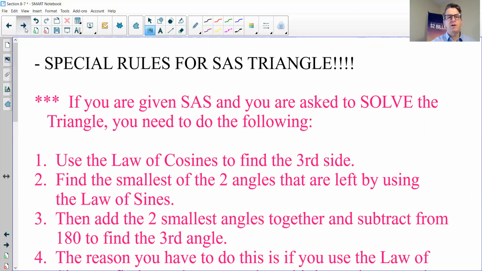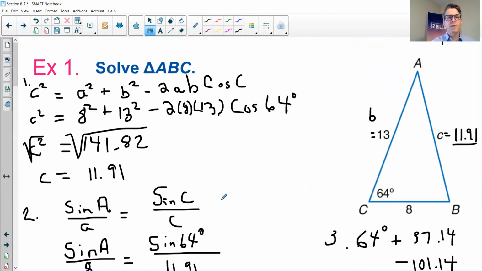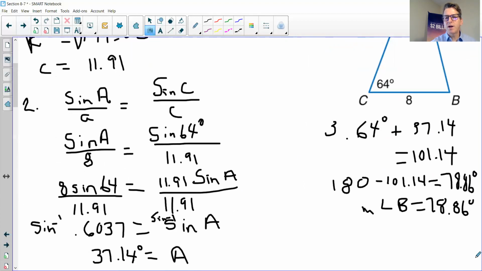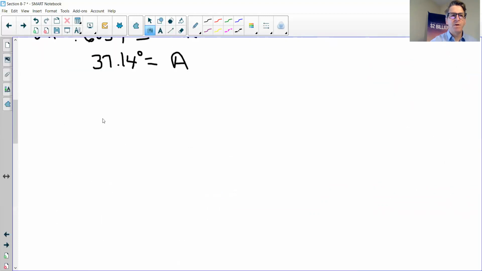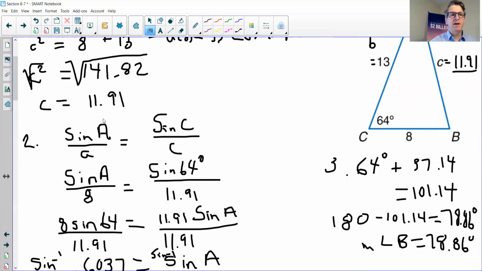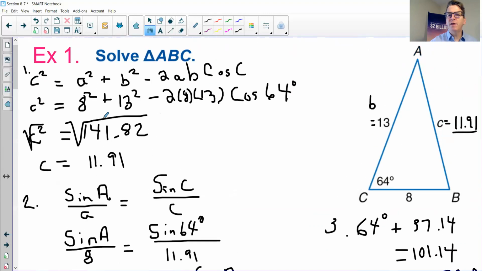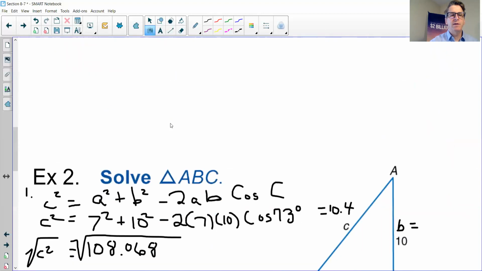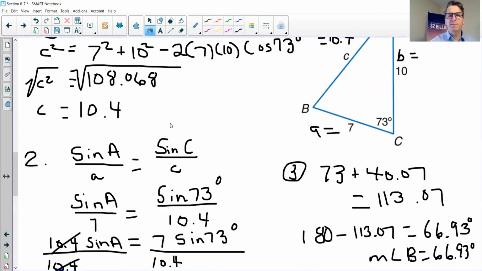Then you find the smaller of the two angles by using the law of sines, and then the last angle is found by subtracting from 180. That's example 1, and now example 2 is down here.